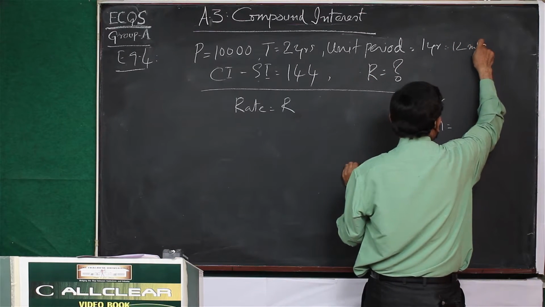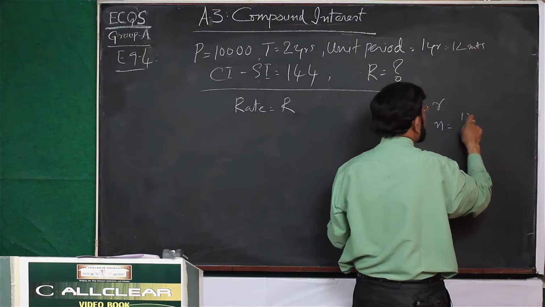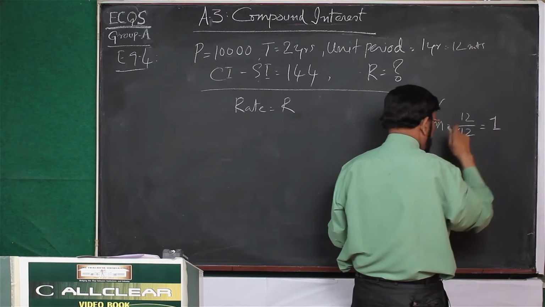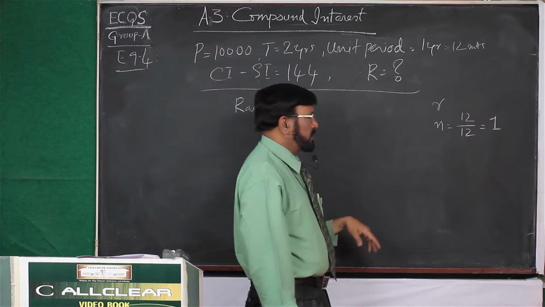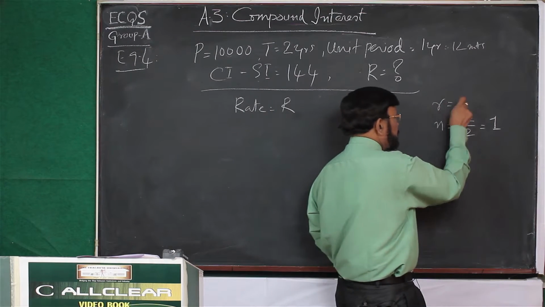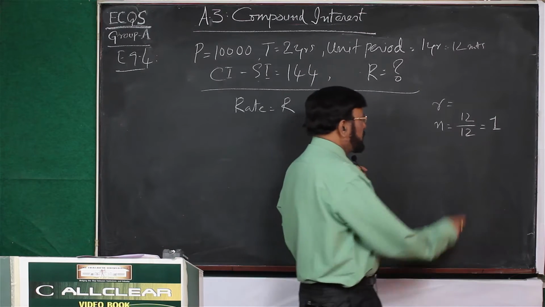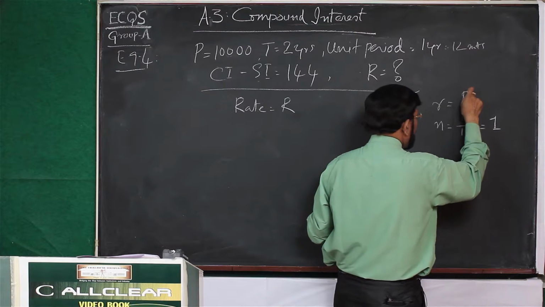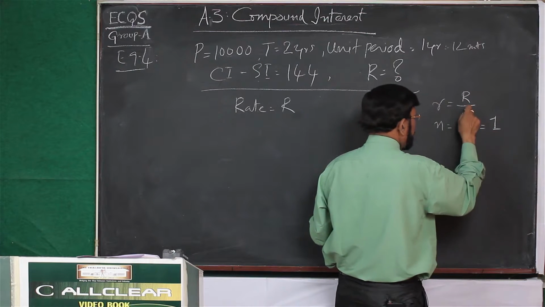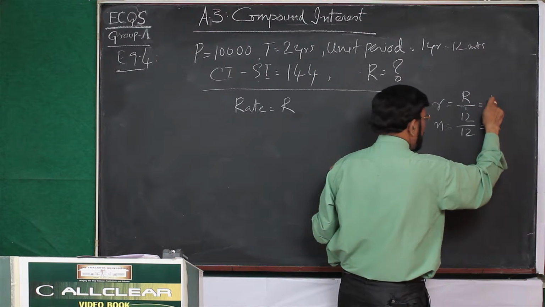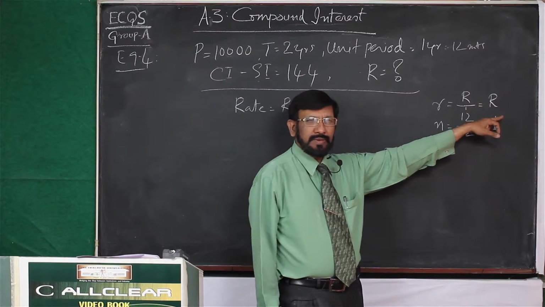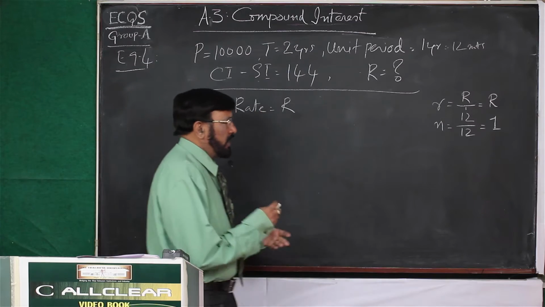So how many unit periods are there? 12 by 12, this is nothing but 1. n is equal to 1. Next, rate. The rate of interest we assume is R%. Now, R by n is R. So small r is equal to capital R, that you put.